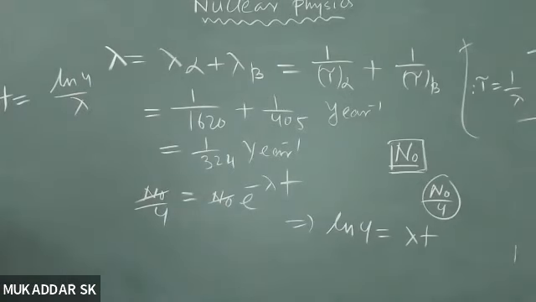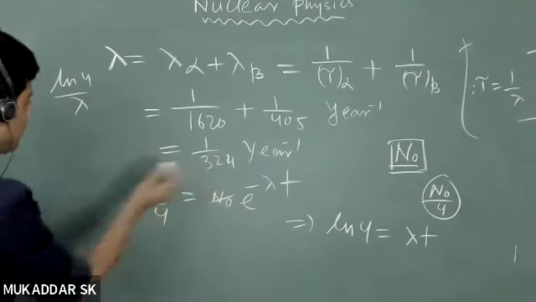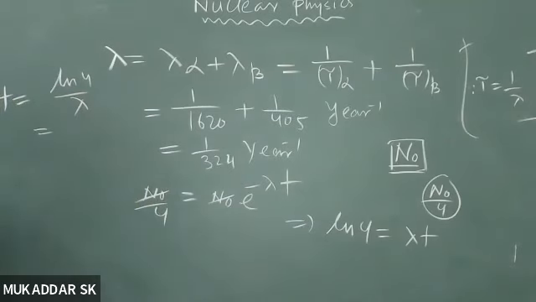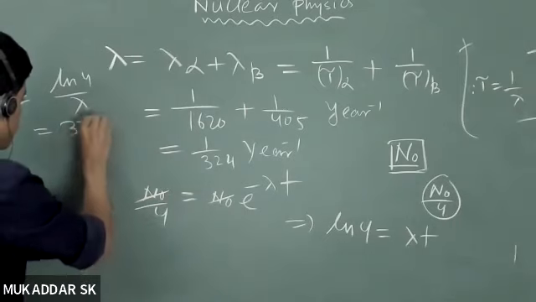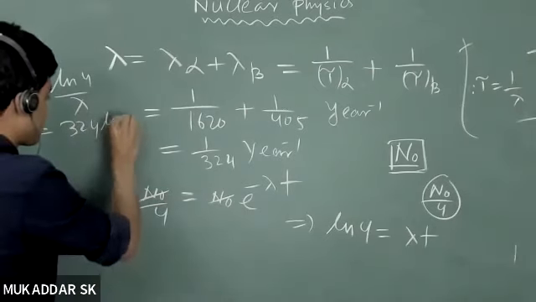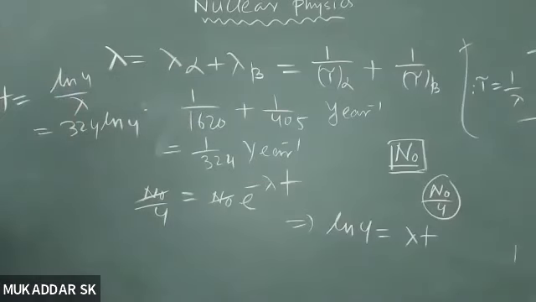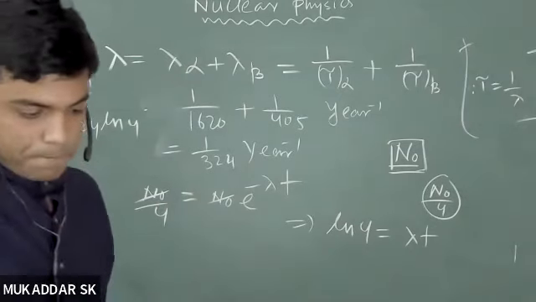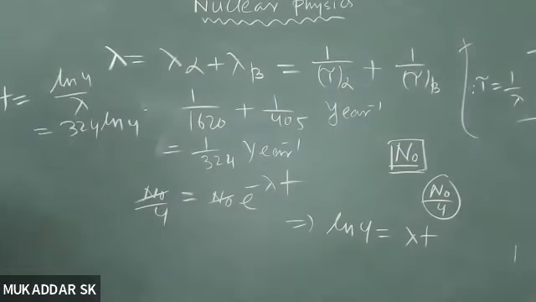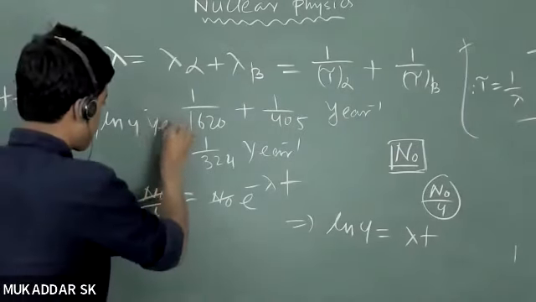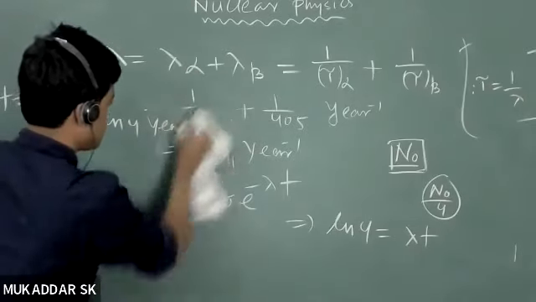And lambda we have calculated, so lambda is 1 by 324. So 1 by lambda will be 324 into ln 4. And what will the unit be here? Exactly, it will be year.